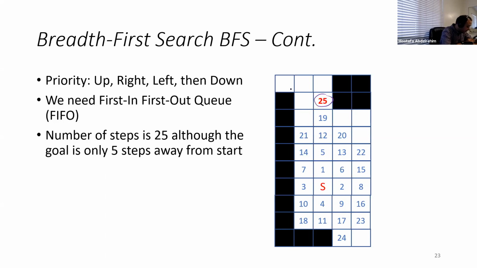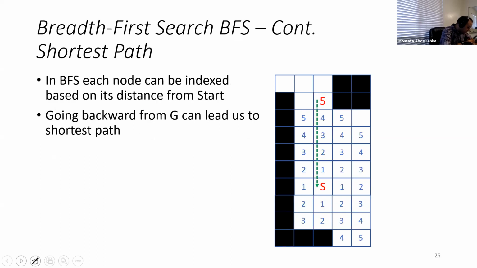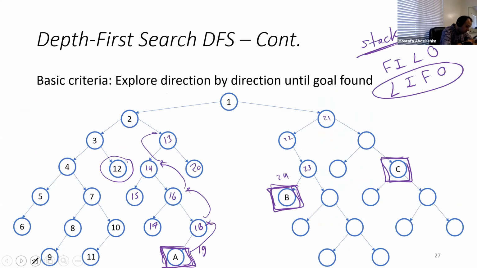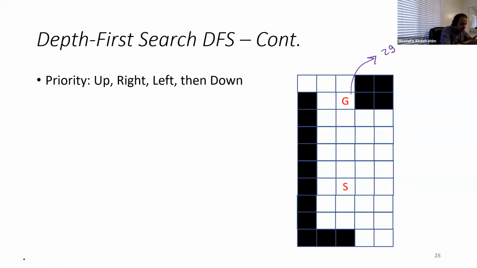You see 25. So let's see what we're going to do with depth first search. This was 25, not 29. Again, we should set some priority: up, then left, and right, then left, then down.